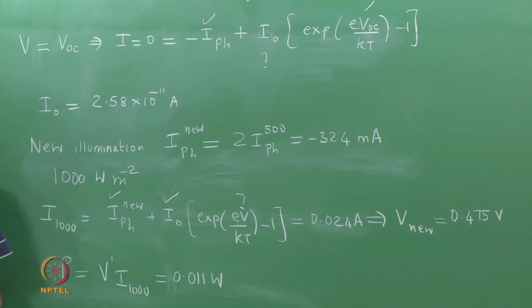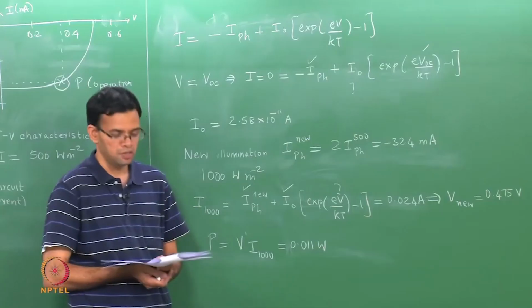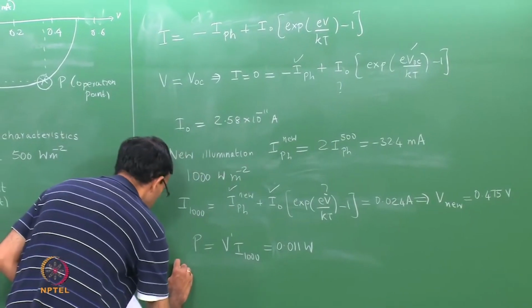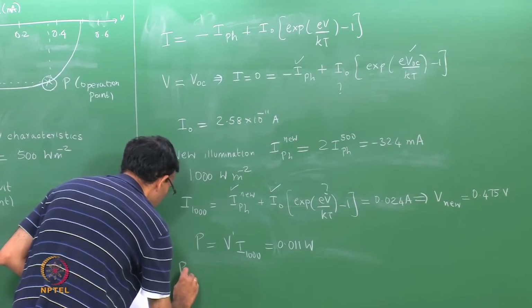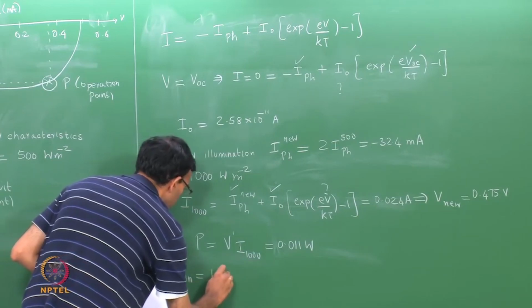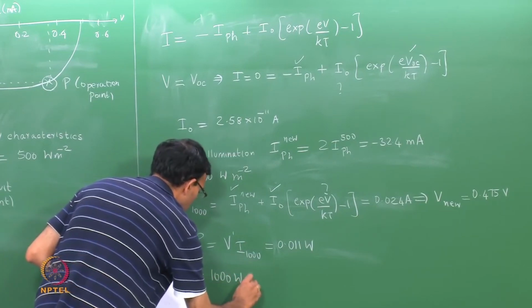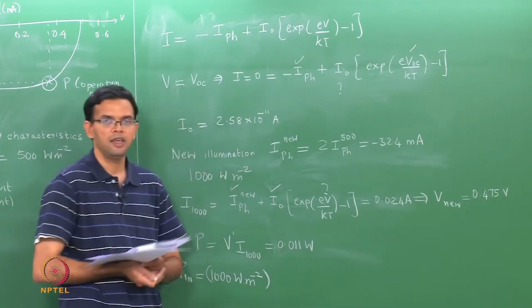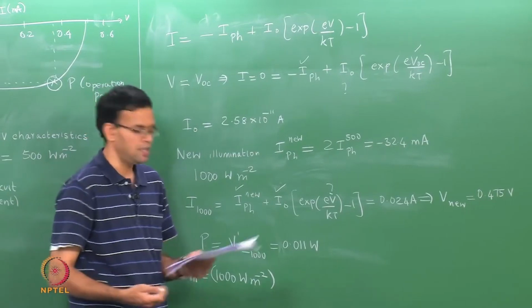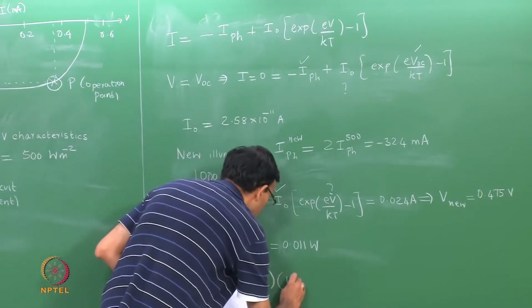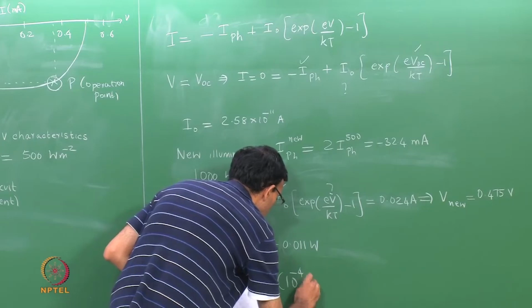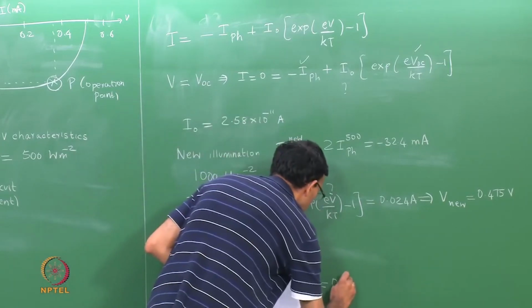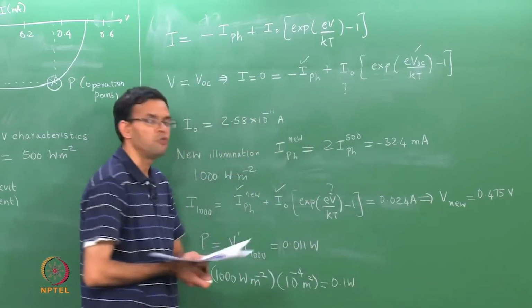We are also asked to calculate the efficiency of the system. So, the input radiation is 1000 watts. So, P in is 1000 watts per meter square and the area of the solar cell is 1 centimeter square. So, that is 10 to the minus 4 meter square. So, this gives you 0.1 watt.